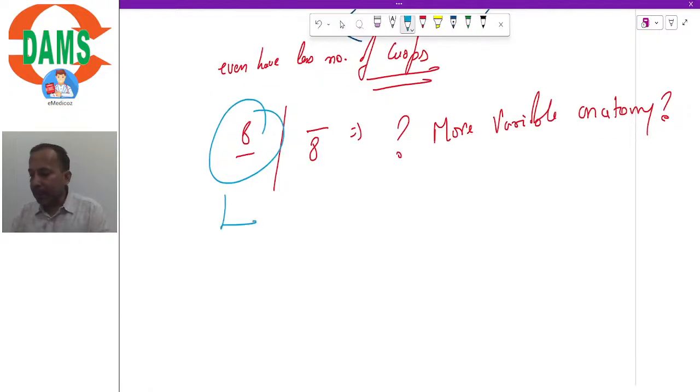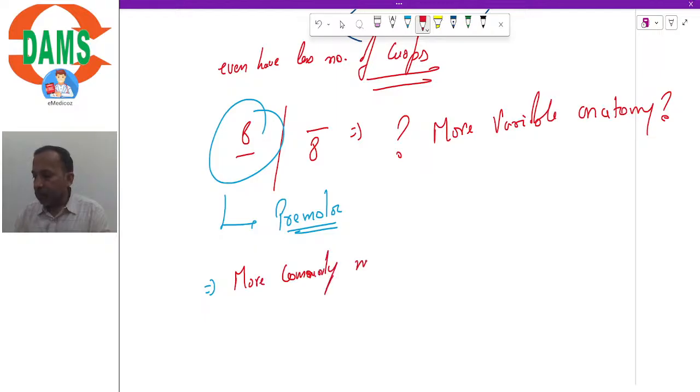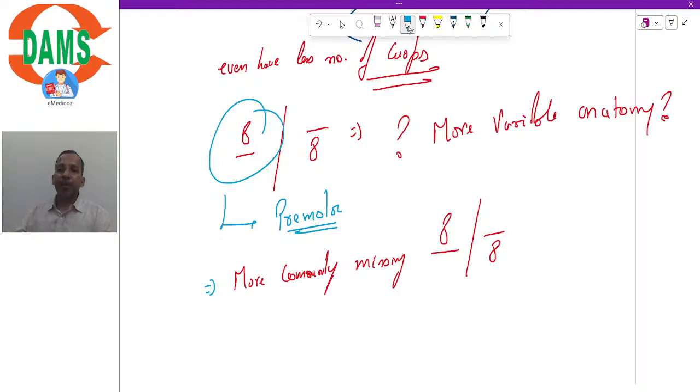It might sometimes even resemble a premolar. Yes, very good. So if I ask you which of these two is more commonly missing, is it upper 8 or lower 8, or congenitally absent?